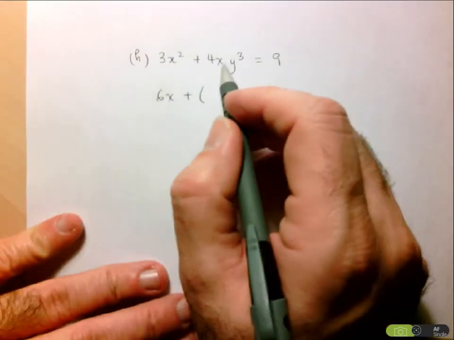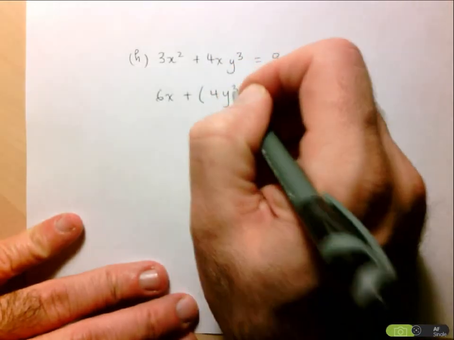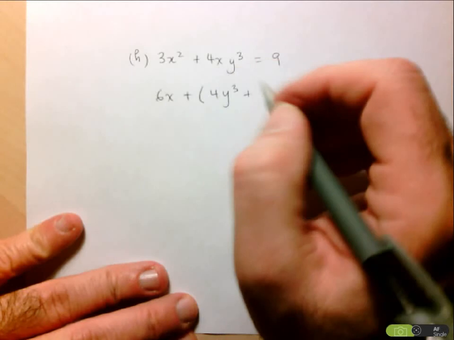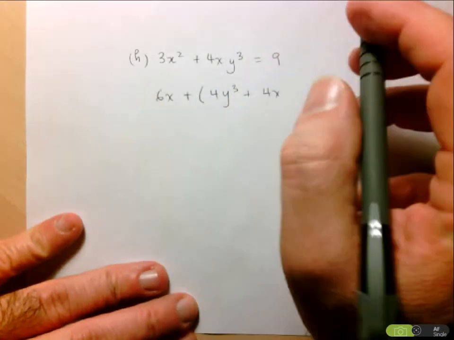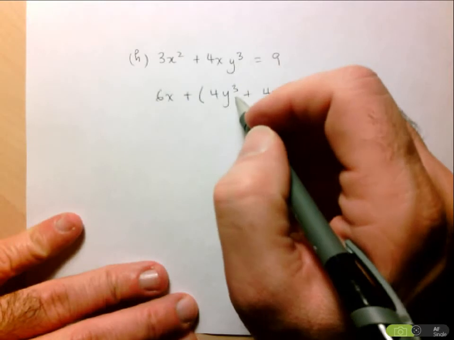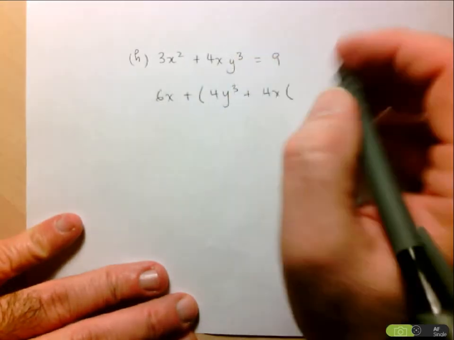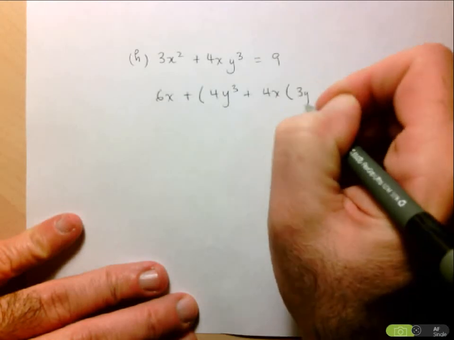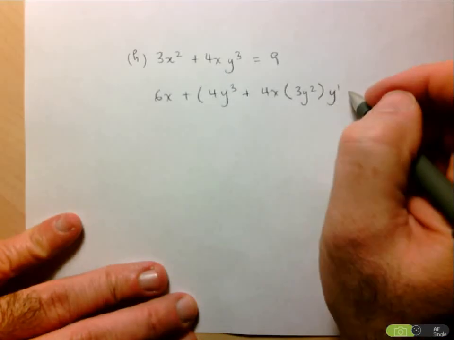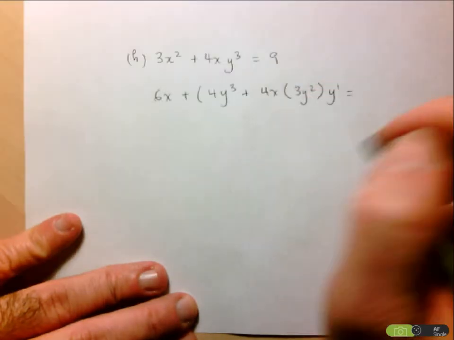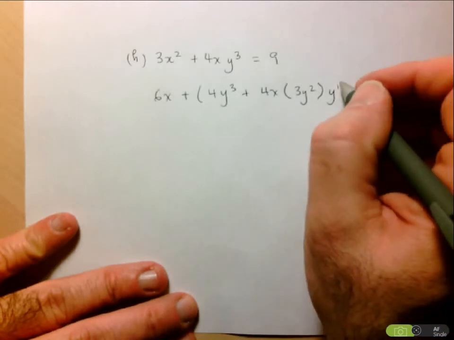So the first function is 4x, derivative is 4, times the second function y cubed, plus the first function 4x, times the derivative of the second, which is y cubed, and so here we have to use the chain rule. First, the derivative of y cubed with respect to y, that's 3y squared, then times the derivative of y with respect to x. On the other side, the derivative of 9, again just a constant, is equal to 0.